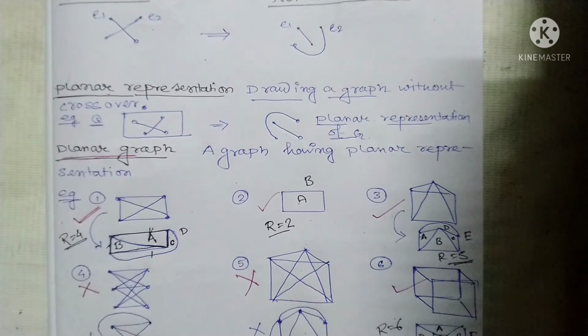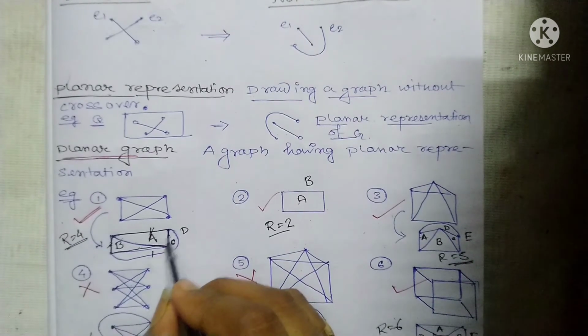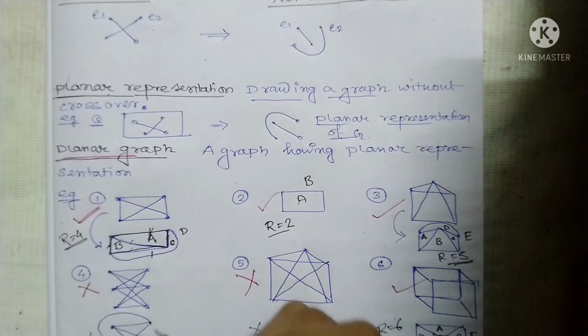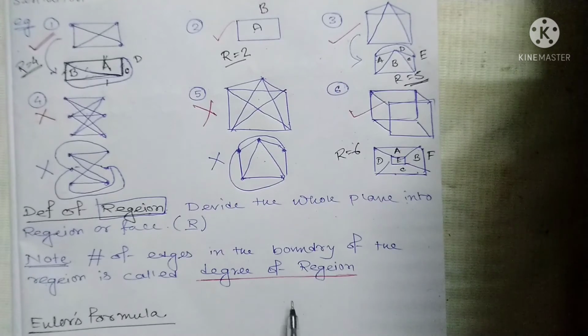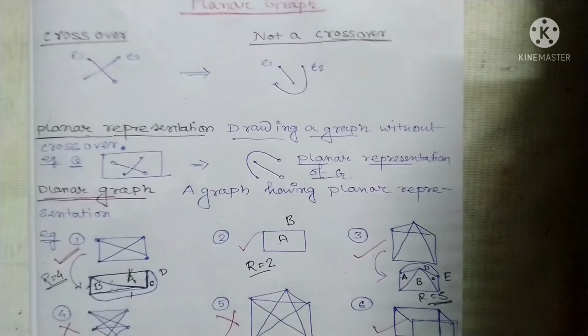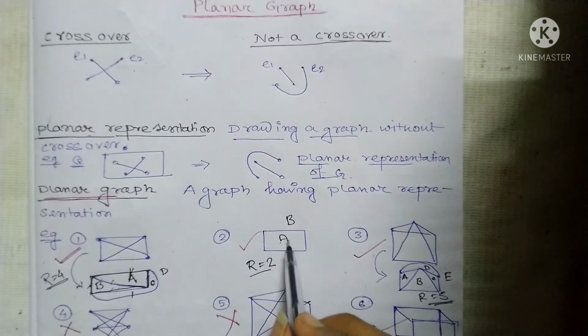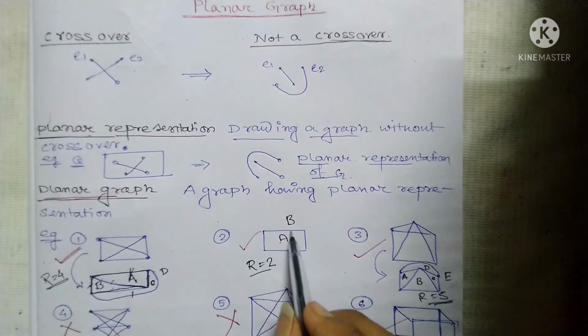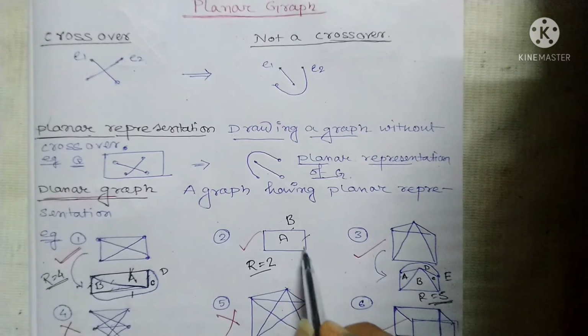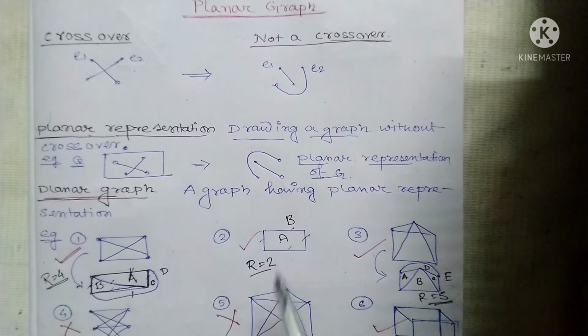Okay, so we are not considering this edge and this edge. Why? Because we have already defined that it is the number of edges in the boundary of the region, not the internal edges that we have to consider. So what is the degree of region A? You can say like this, it has 4 edges in the region part.